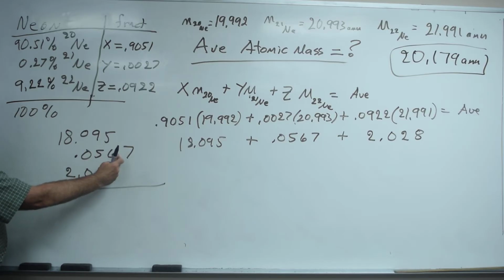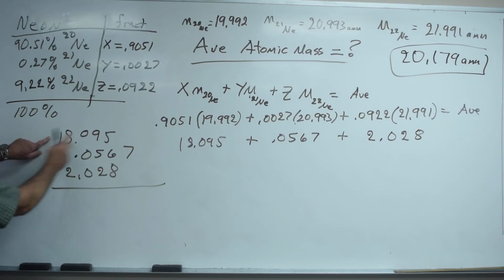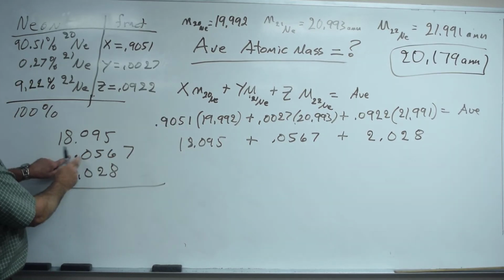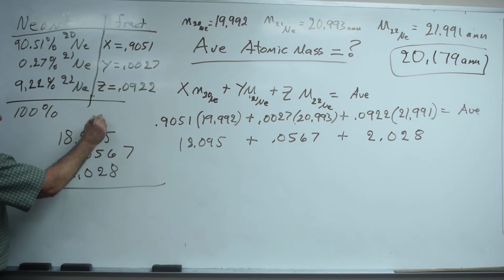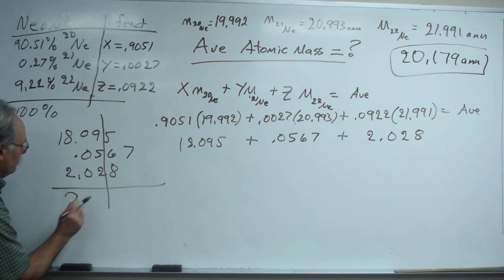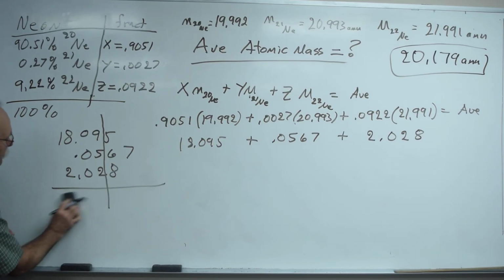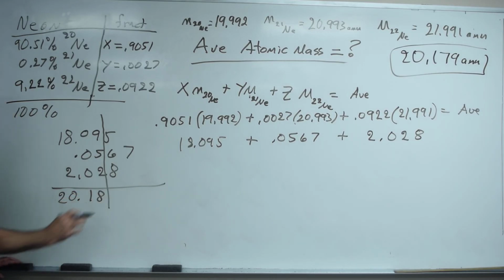This number is known to this position, this number is known to this position, because this number has 4 sig figs, this number has 2, and this number has 3. So my final answer is dictated by these 2 digits, and I get 20, let me write this correctly, 20.18. This was a 179, but it rounded up to 18. And so the correct answer from this data is 20.18.